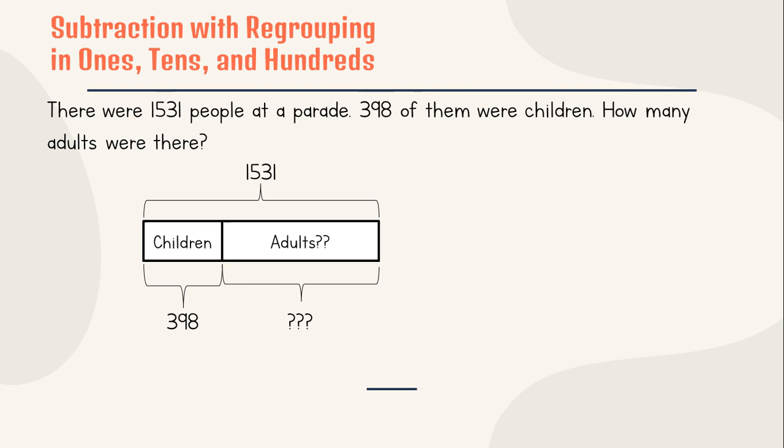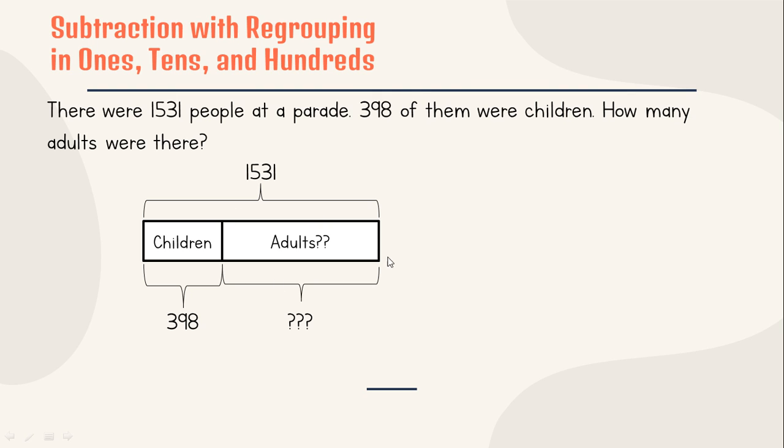Now, as you can see, we need our skill of subtraction. But subtract what? Look at it. From here to here, for all of this is 1,531. And the children is this small, 398. After that, the adults, how many?